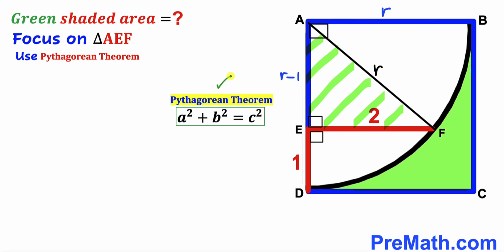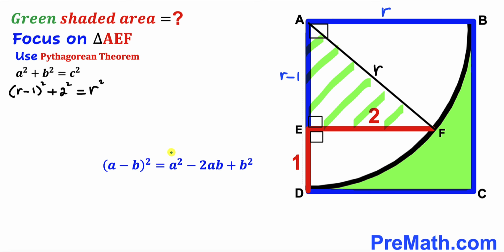Here's our Pythagorean theorem: a square plus b square equals c square. In our case, our hypotenuse is r, whereas our two other legs are r minus 1 and 2. Let's fill in the blanks. We get r minus 1 whole square plus 2 square equals r square.